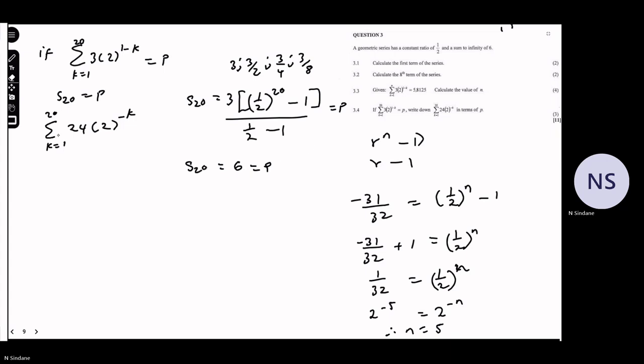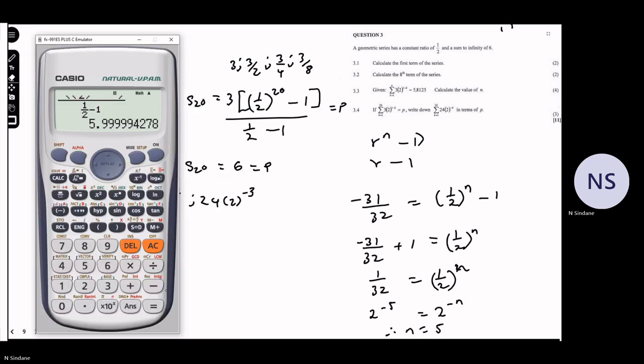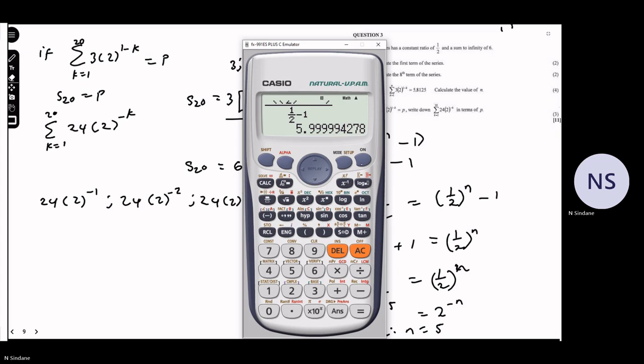And then let's get this one: 24 into 2 to the power negative 1, then 24 into 2 to the power negative 2, and then 24 into 2 to the power negative 3. Let's see my calculator. 24 into 2 to the power negative 1 is 12.